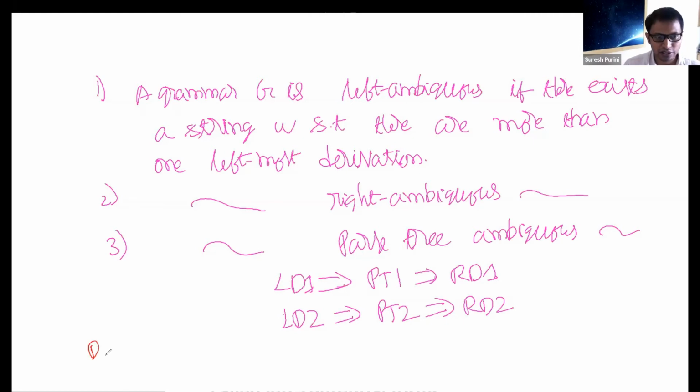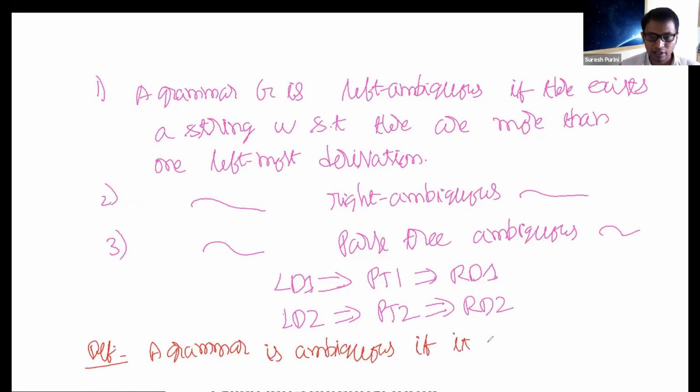So finally, the claim is the important definition: we say a grammar is ambiguous if it is either left ambiguous or parse tree ambiguous or right ambiguous.